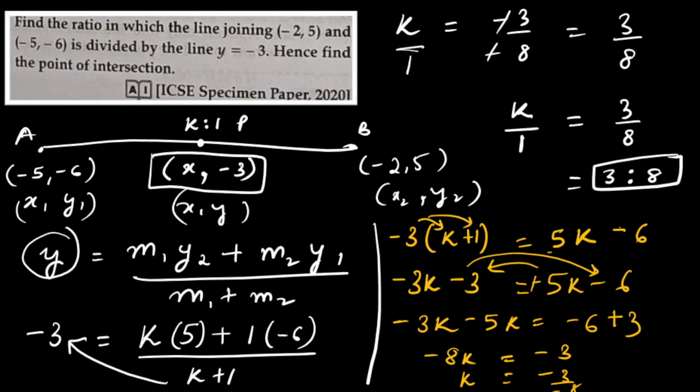Minus 3 is equal to m1 is k, y2 is 5, plus m2 is 1, y1 is minus 6. So -3 times (k plus 1), that is -3k minus 3, is equal to 5k minus 6. So this gives -8k equals -3, so k is 3 by 8.